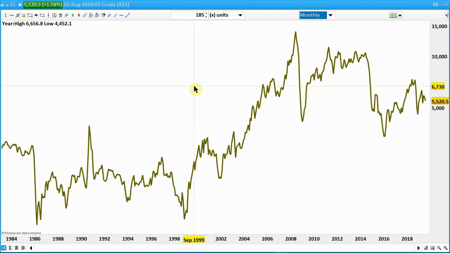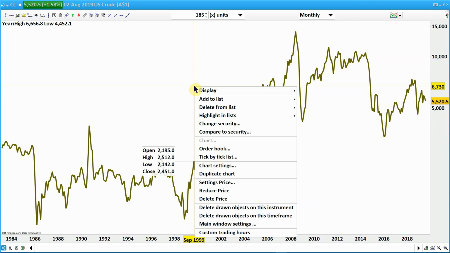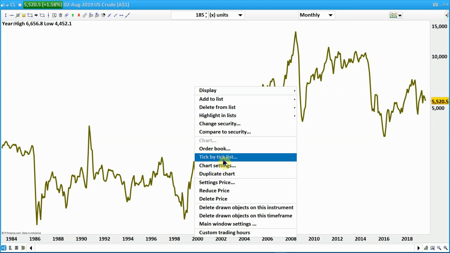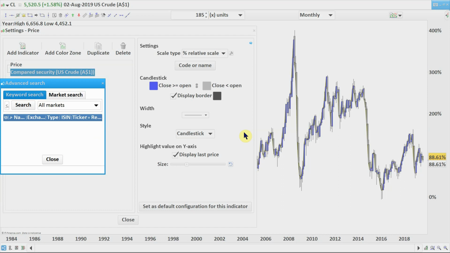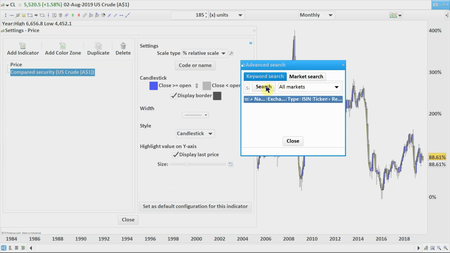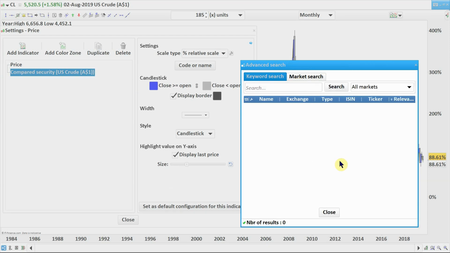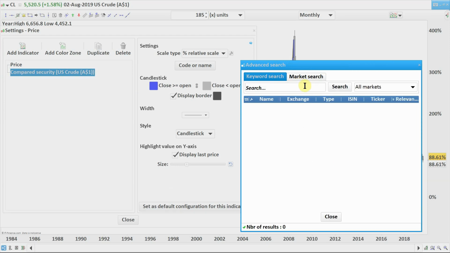Now what we will do, we right click on the chart, and then we go to compare to security, the sixth option from the top, and then we select all markets and search natural gas.